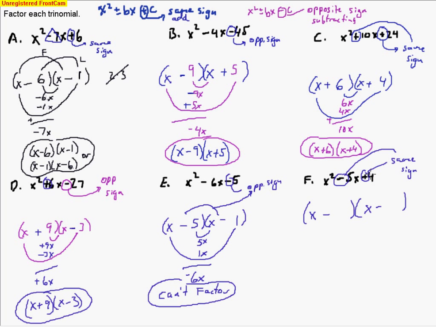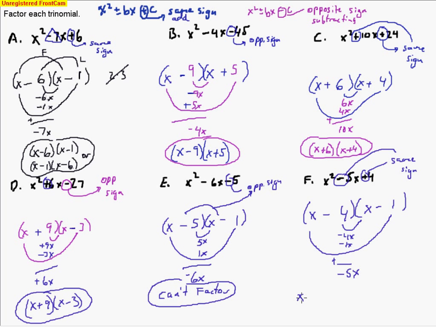Now what numbers multiply to make 4? Well, 2 and 2 do, but those only add to make 4. So let's get them to add to make one number higher. That means you need to go with numbers that are further apart, and that would be 1 and 4. So you see how this makes a negative 4x? This makes a negative 1x, the outside terms do, and those two do add to make that negative 5x. So it does end up working out.